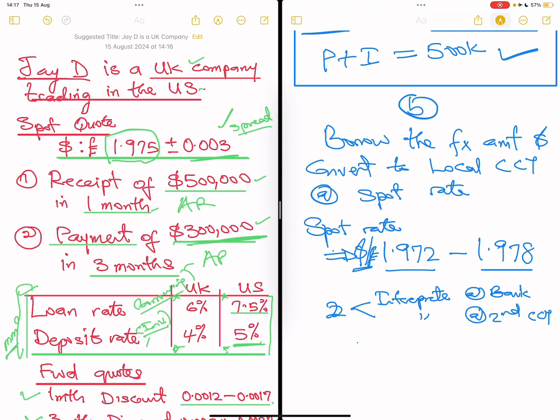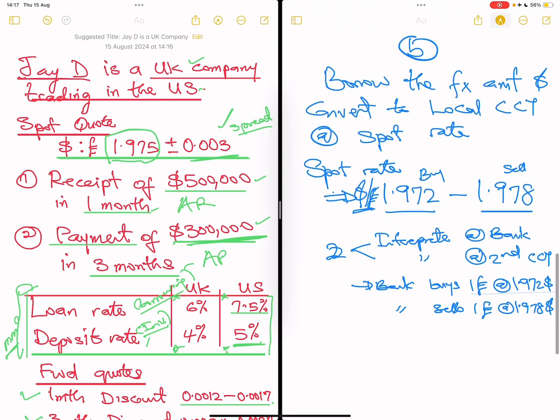So which means the bank buys £1 at $1.972 and the bank sells £1 at $1.978. Remember, pounds is the second currency. Any currency at the back is always the second currency. This is your buy rate and this is your sell rate.